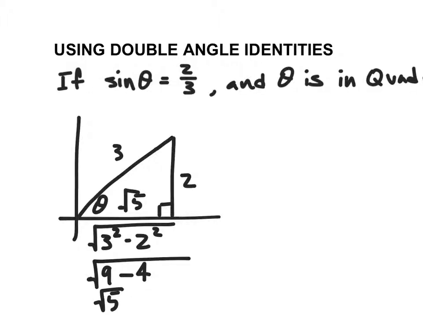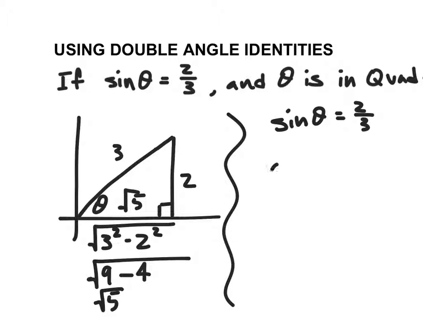All right, so what I know from this picture here is that sine of theta is equal to 2/3. I know that cosine of theta is equal to the square root of 5 over 3.